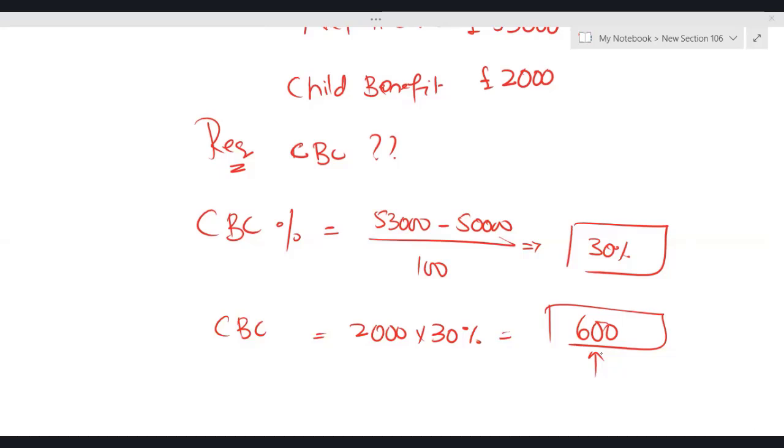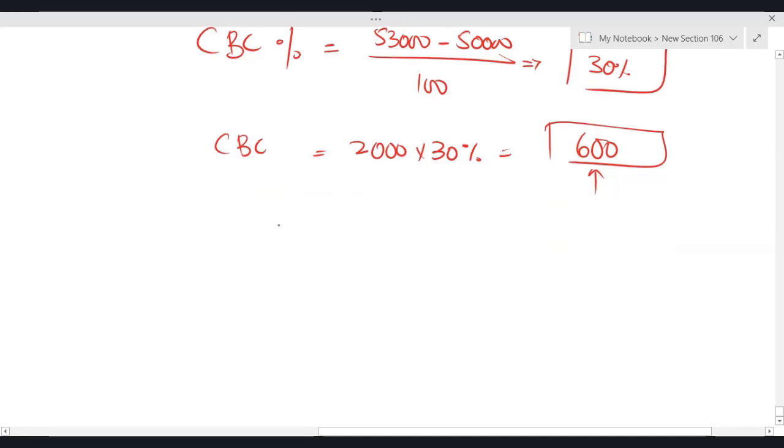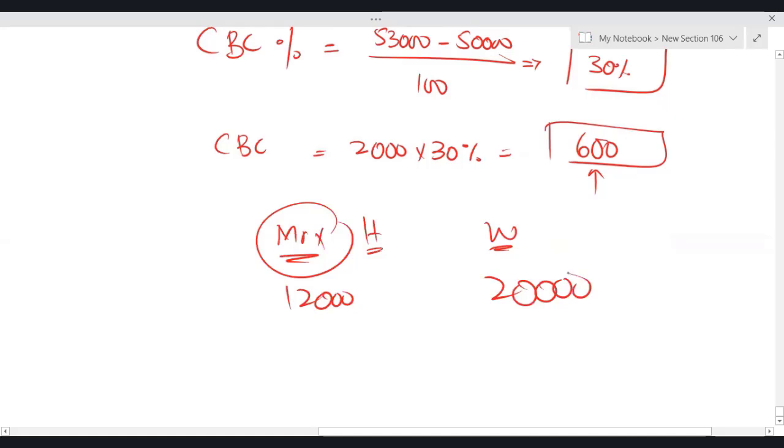What is the tax implication of the transfer? I think the recipient spouse will get 1260, but what will be the HMRC due to transferred income? Please listen. For example, let's say the husband, Mr. X, is having 12,000 income and the wife is having 20,000 income, and they want to go for marriage allowance.